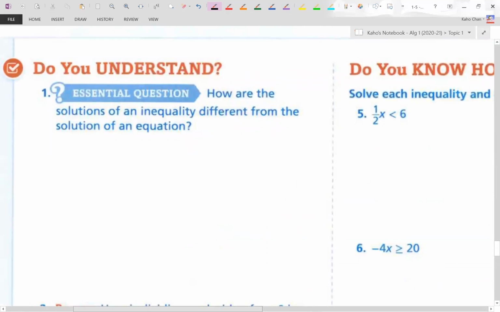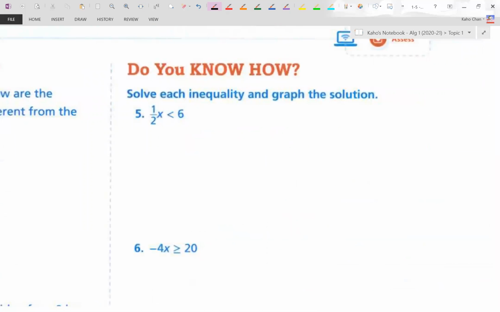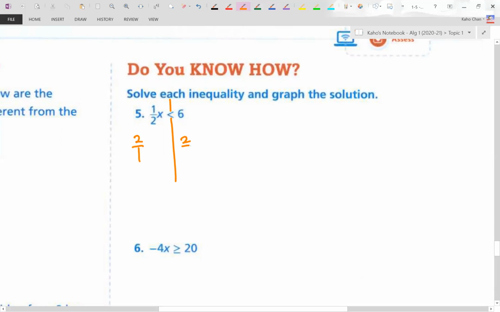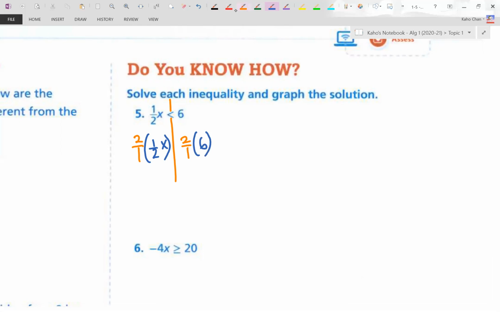There, much better. All right, this is a great opportunity to deal with fractions. That 1/2 x, there's a way to get rid of that 1/2 in one step, and that is to multiply by the reciprocal. And that happens to be 2/1. Okay.